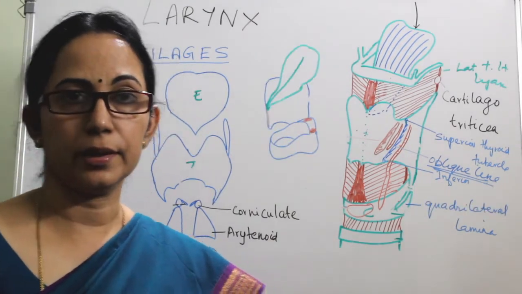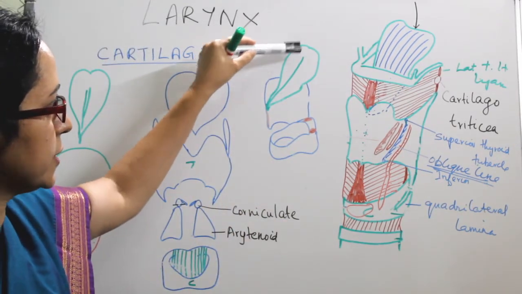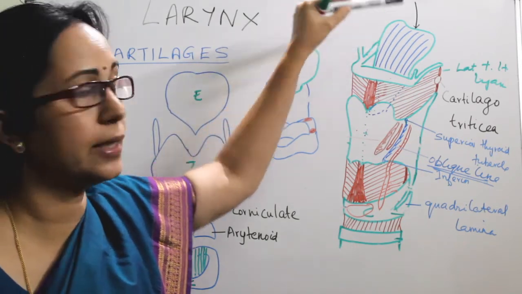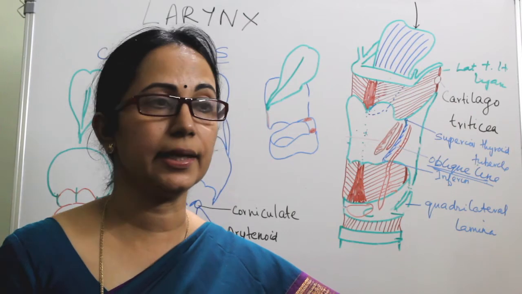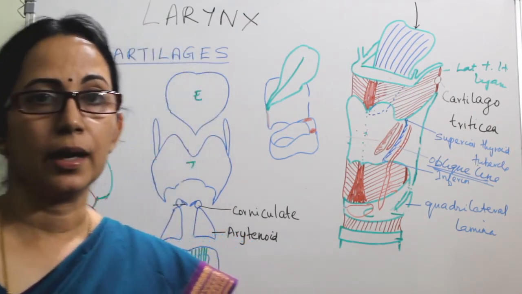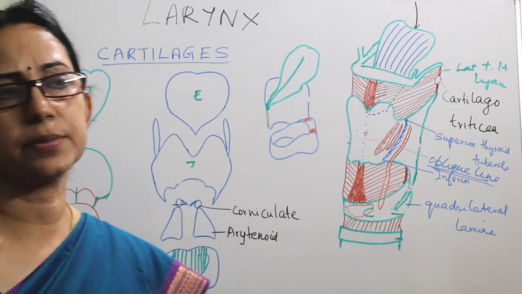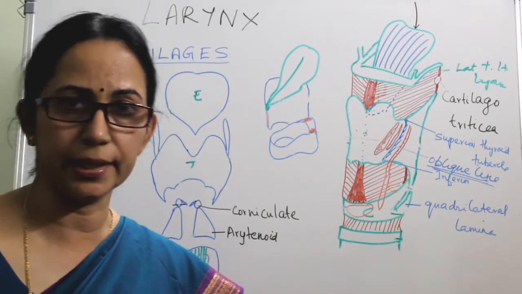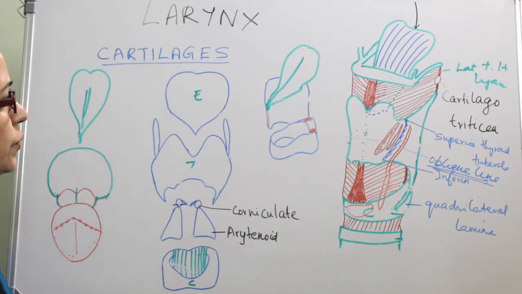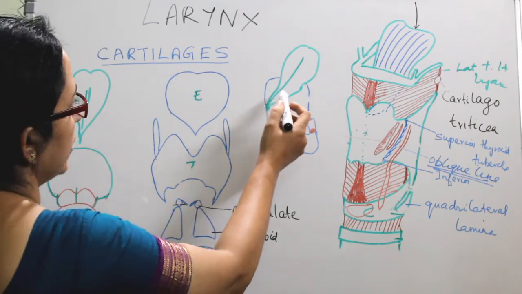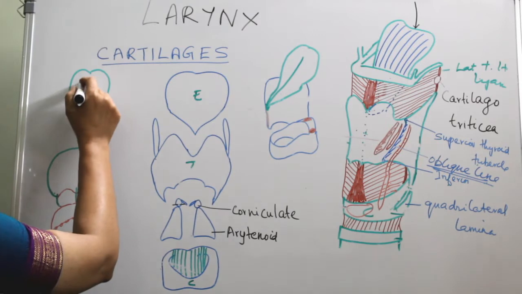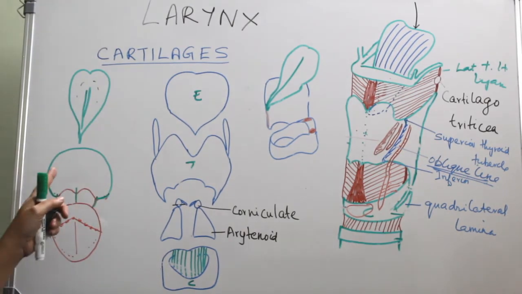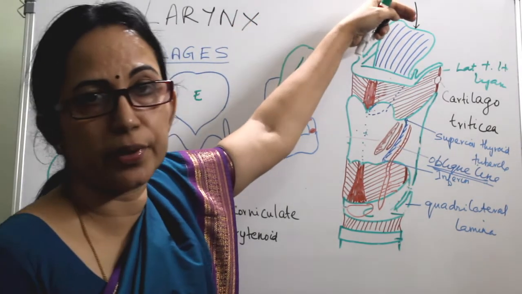The next one is an unpaired cartilage. What is this? This one is the epiglottis. Actually this is a thin, leaf-like elastic fibrocartilage, and its main function is protection of the laryngeal inlet. From this you can see that it has an anterior surface and a posterior surface, and the superior border is free.